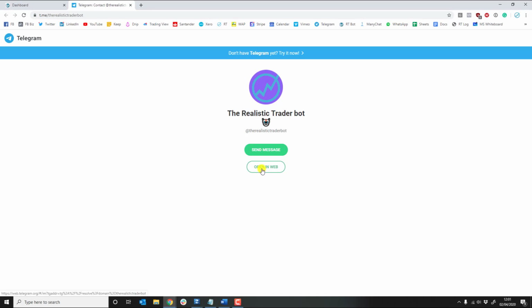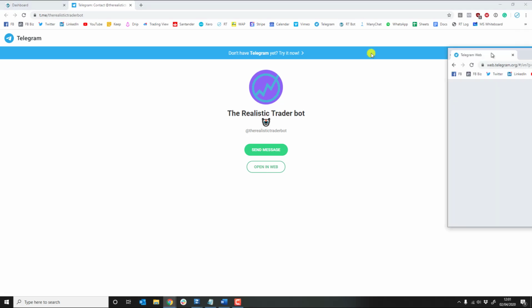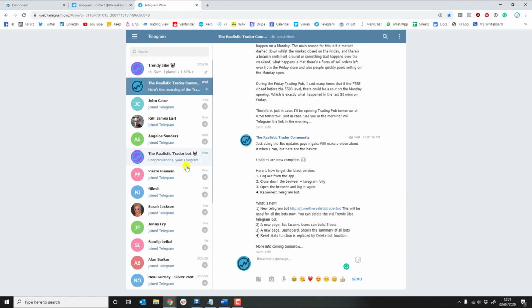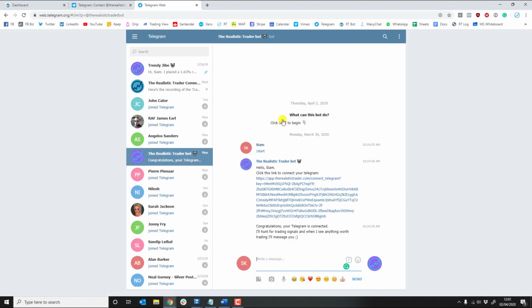So you can either open it in web, and you will get something that looks a little bit like this, and then you simply click start. There'll be a start button. Then it will give you this link here, so then you click that, and then all of a sudden, done. It's fully connected.